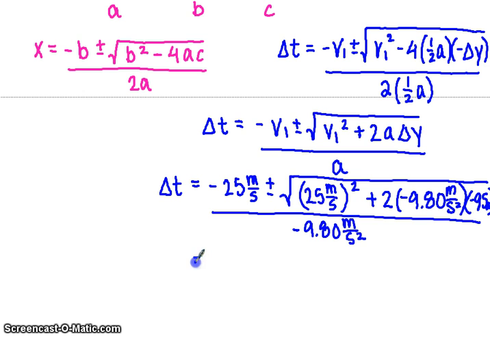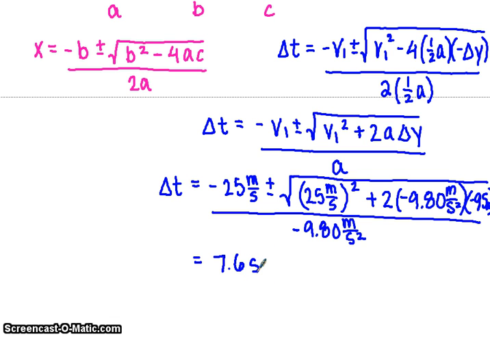When you solve this, you notice that you have the plus or minus here with the square root. It's a good idea to do both. One of those two answers will make sense. For example, you can never have a negative time. So when you do substitute this into your calculator, check both answers and see which one is suitable for the particular problem.